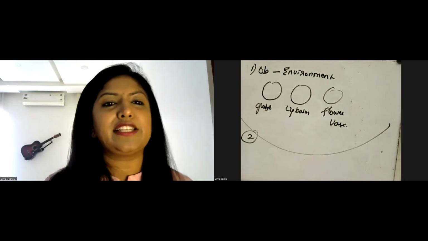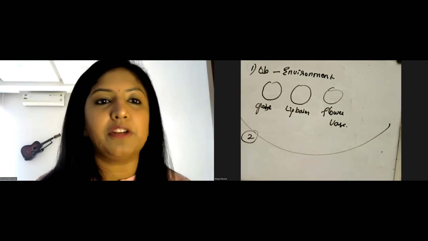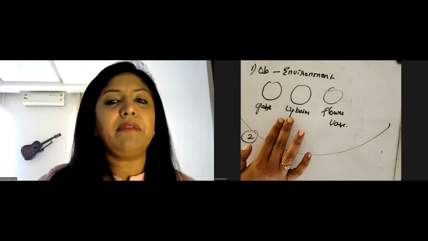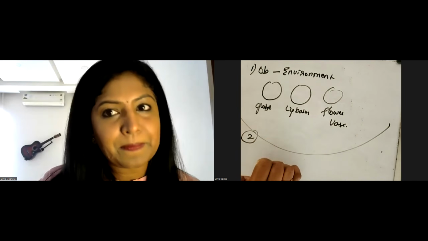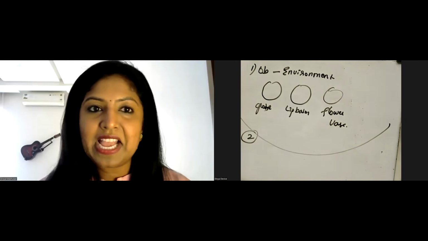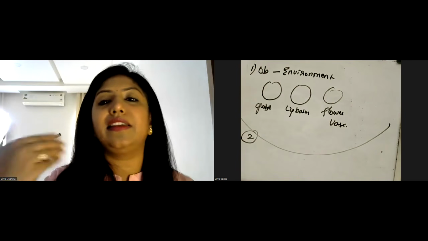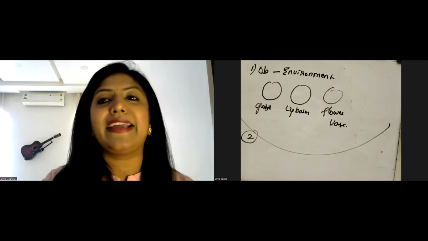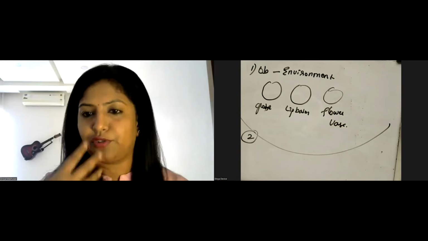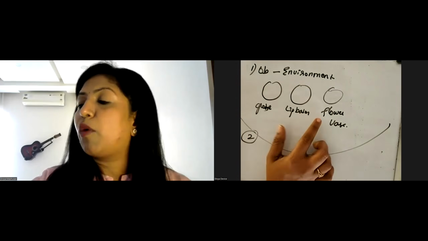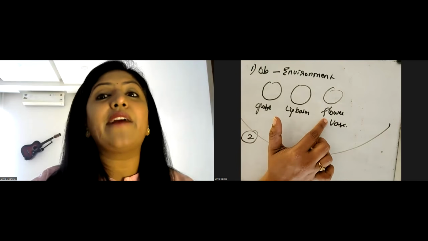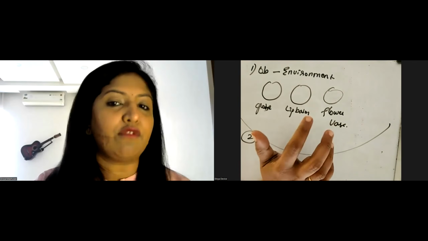Second period lesson is called the recall or the retention period, wherein I ask them, can you show me where's the lip balm? The child should point. The third period, I ask the name. That's called my retention period, whether the child has understood or not. Can you tell me what is this? The child will have to give you the answer that this is flower vase.